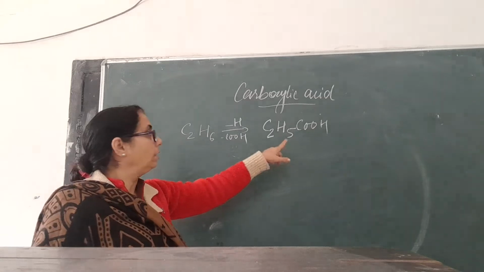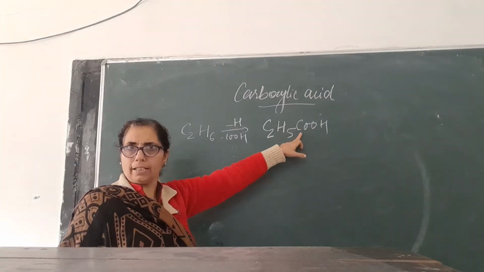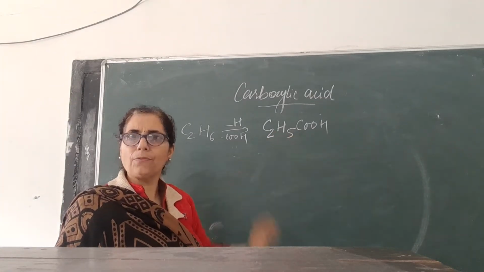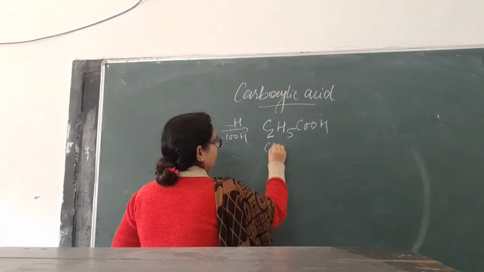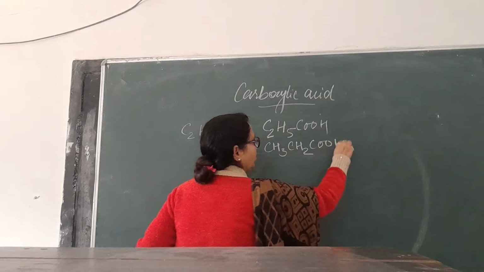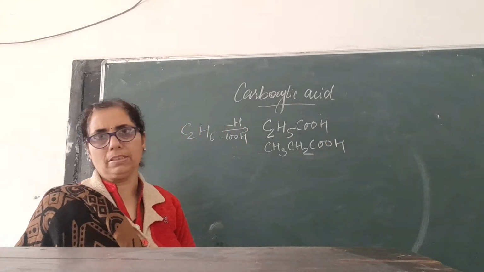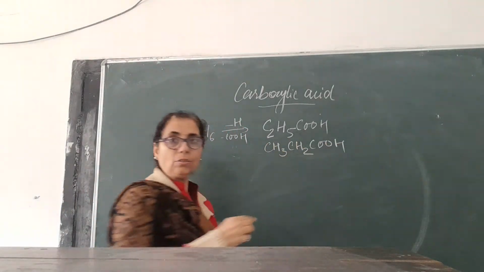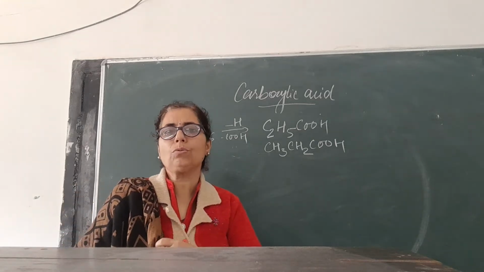Here you count 2 and 1, 3 carbons. This can be written in the form of a chain like CH3, CH2, COOH.